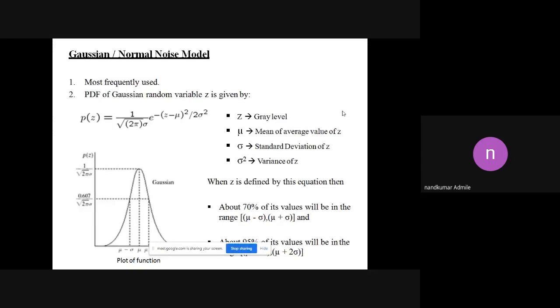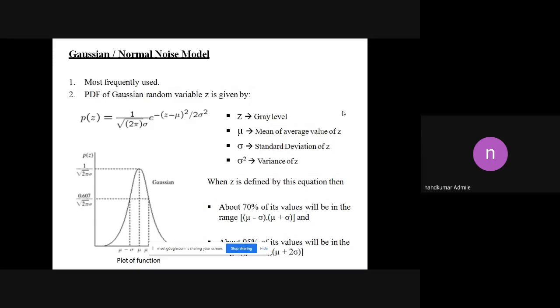If we consider the exact center of the image, most of the time the Gaussian noise is presented there. And how do we identify Gaussian noise? Everyone focus on your screen. This is the representation of Gaussian noise.